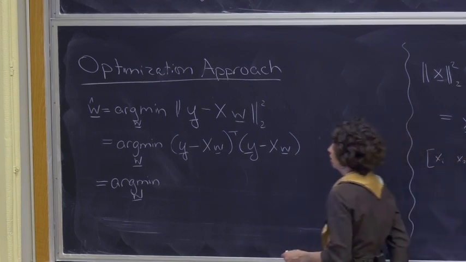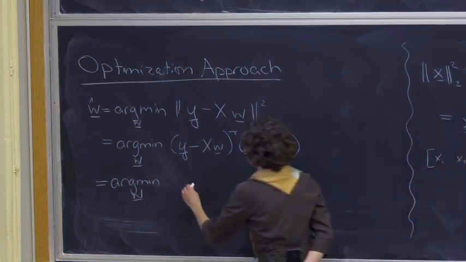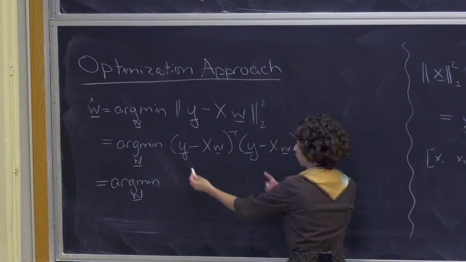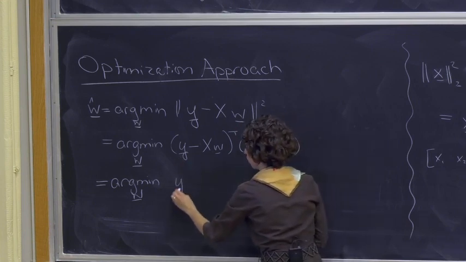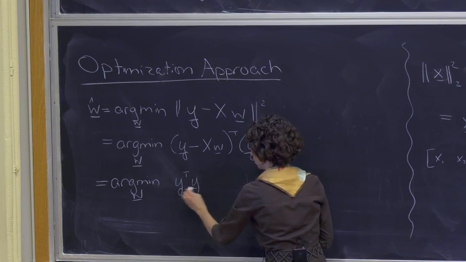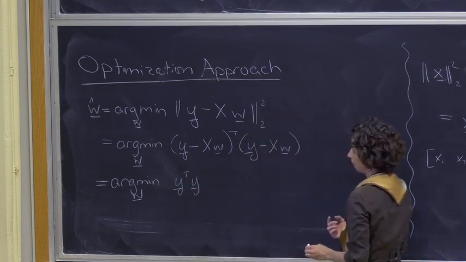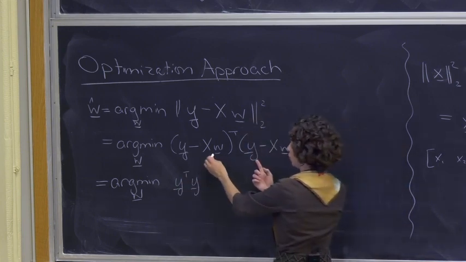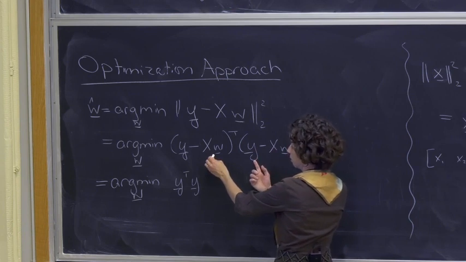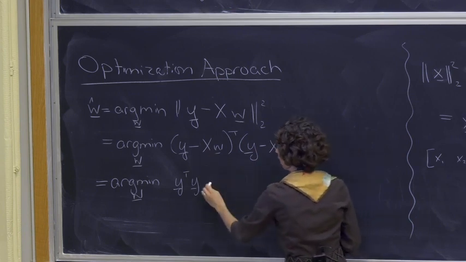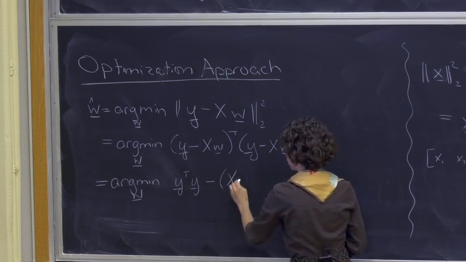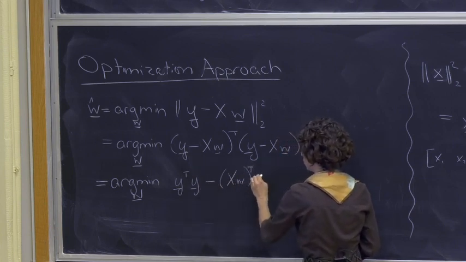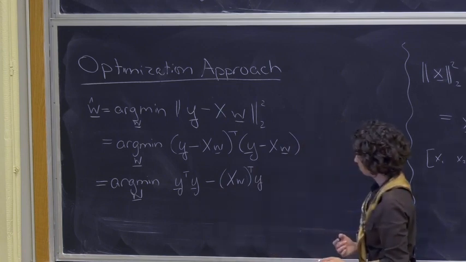So if we expand the square, we first take the first elements of the two factors. So I've got y transpose times y. Then I'm going to take the two inner components. So I'm going to have negative xw transpose times y.